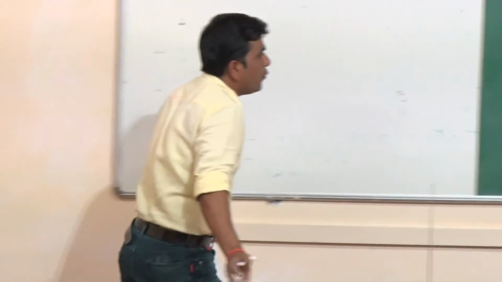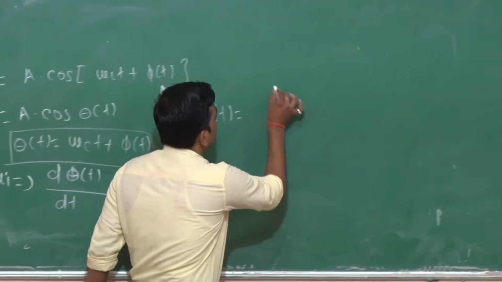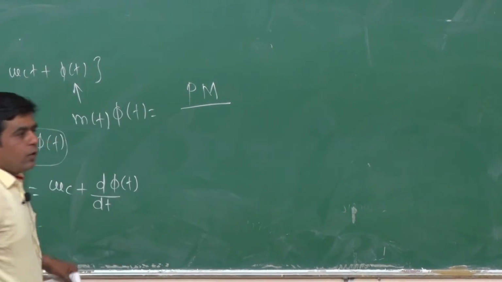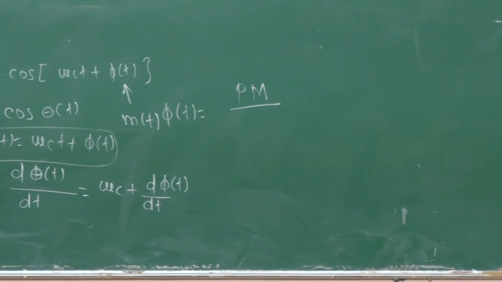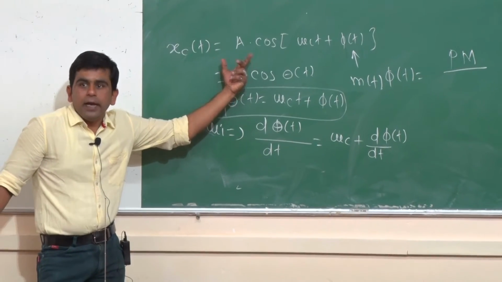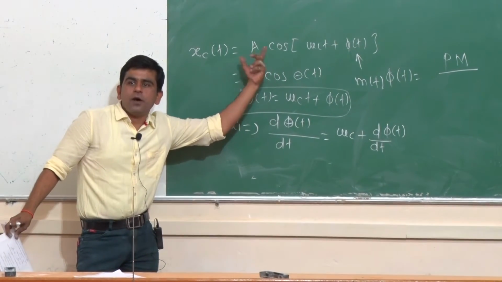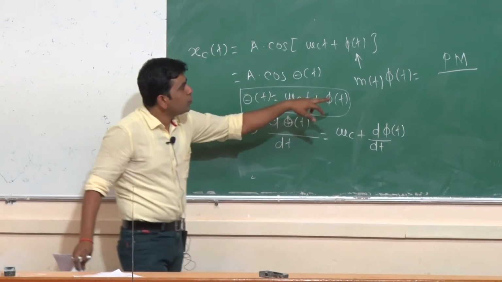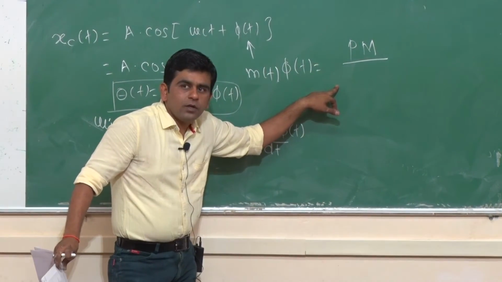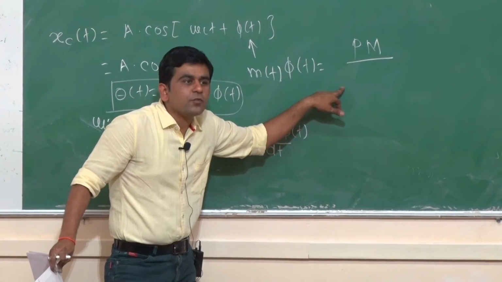So here for phase modulation, whatever the phase of this carrier signal xc of t, that is equal to A cos(omega c t plus phi of t), depends upon your change in your phase. Here this phi of t gives the instantaneous phase deviation.